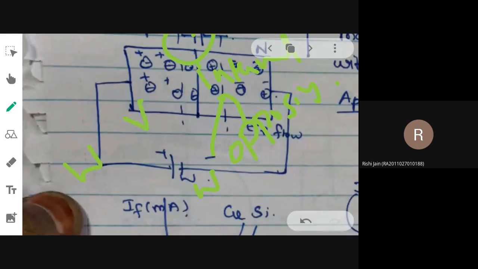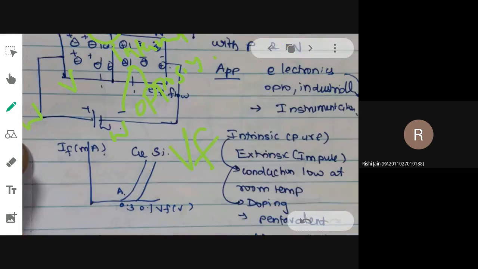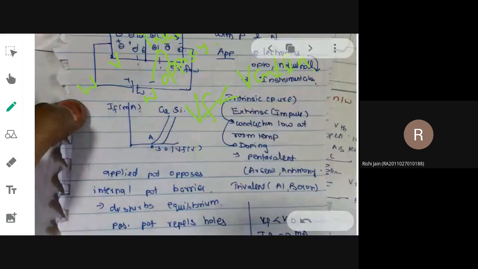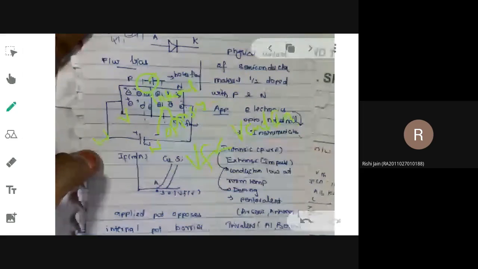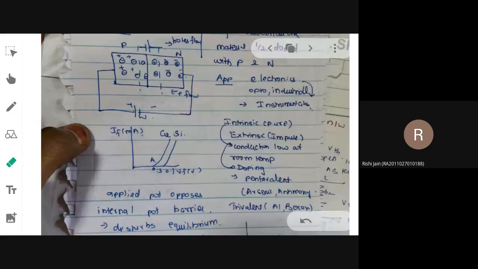As long as Vf is less than the cut-in value, this internal barrier will not allow the free flow of electrons. The internal barrier will be strong and will prevent the free mobility of the charge carriers.